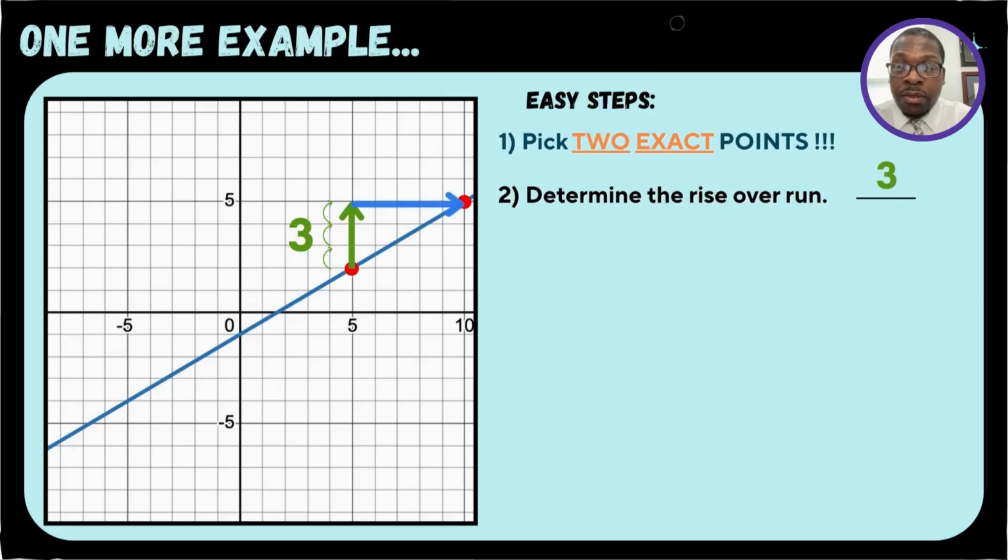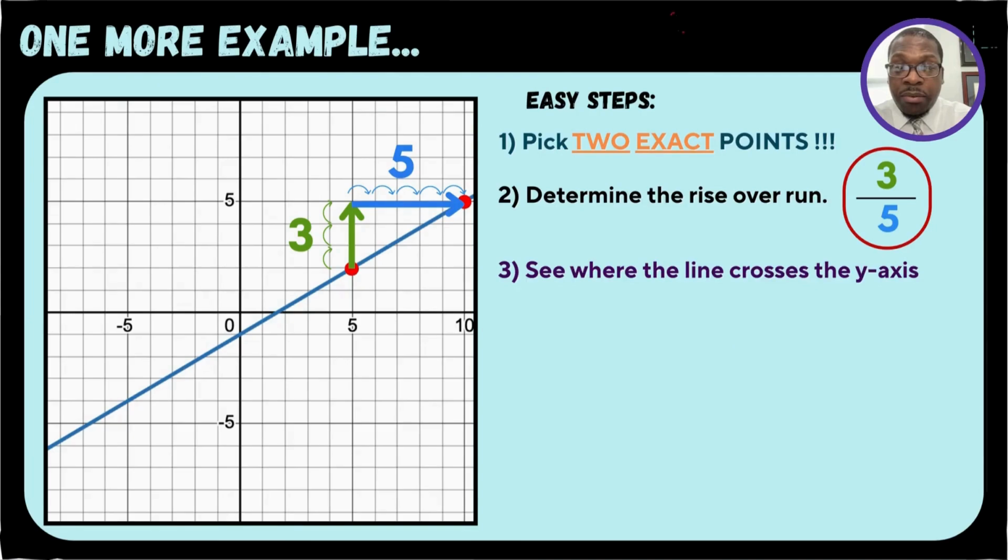Now we need to check the run. How many spaces did it go to the right? 1, 2, 3, 4, 5. 5 spaces to the right. And that is our slope, 3/5. Okay, step 3. See where the line crosses the y-axis. And you can clearly see it's one step underneath the 0, which is right here. If it's one step below 0, that would be -1.